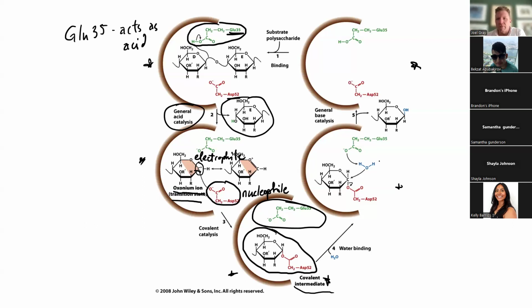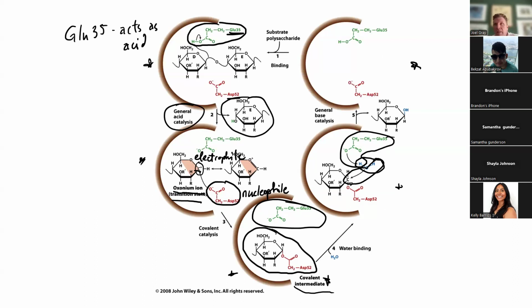And so what are we going to have? We're going to say, hello, water. We need you because you're going to act as an acid, donating a proton up to glutamic acid 35. And you're also going to act as a base, and when you act as a base, you're going to allow aspartate 52 to be released.